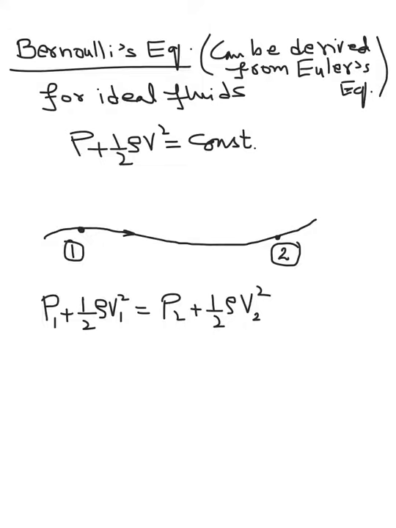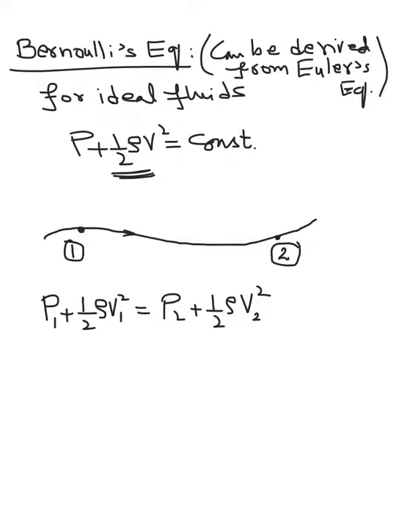Here is another equation, Bernoulli's equation, that exists for ideal fluids, and this equation can be derived from the Euler equation. It includes pressure and the kinetic energy due to velocity.